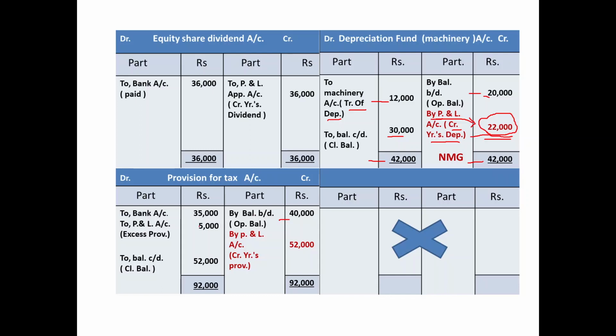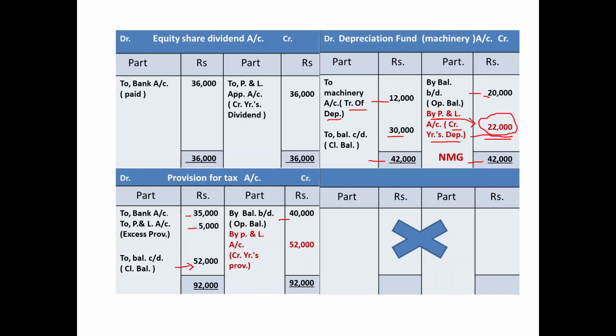Posting of the journal entry. Income tax provision account debit 35,000. Excess provision written back transferred to profit and loss account. So provision for tax debit to profit and loss account credit. Closing balance given in the balance sheet 52,000.